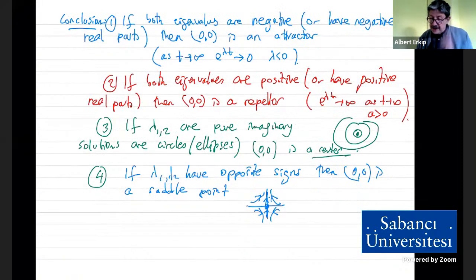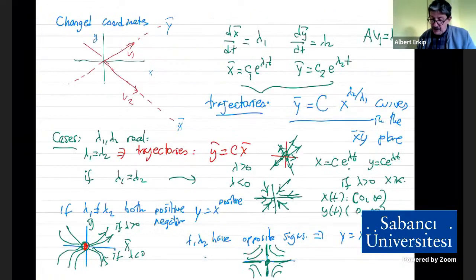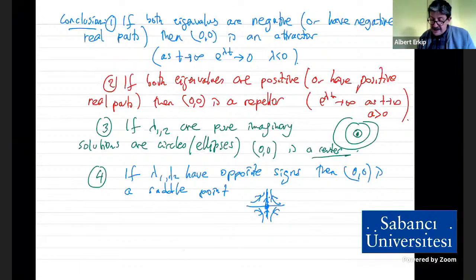Remember, we had all these different pictures, and they added up to this: if both eigenvalues are positive, the origin, which is the only fixed point, is a repeller. The solutions move away.